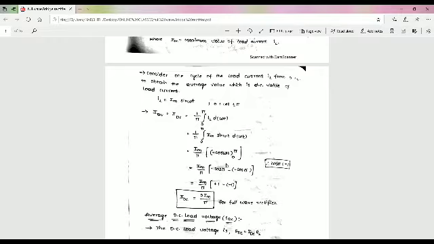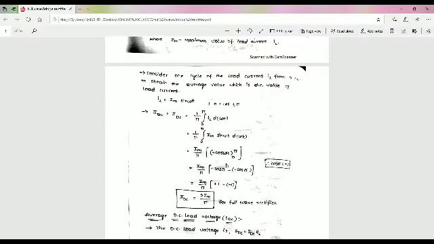Cos pi is minus 1, so minus into minus is plus 1. This is 2. So finally IDC equal to 2 Im by pi for the full wave rectifier. Average DC load current IDC equal to 2 Im by pi.